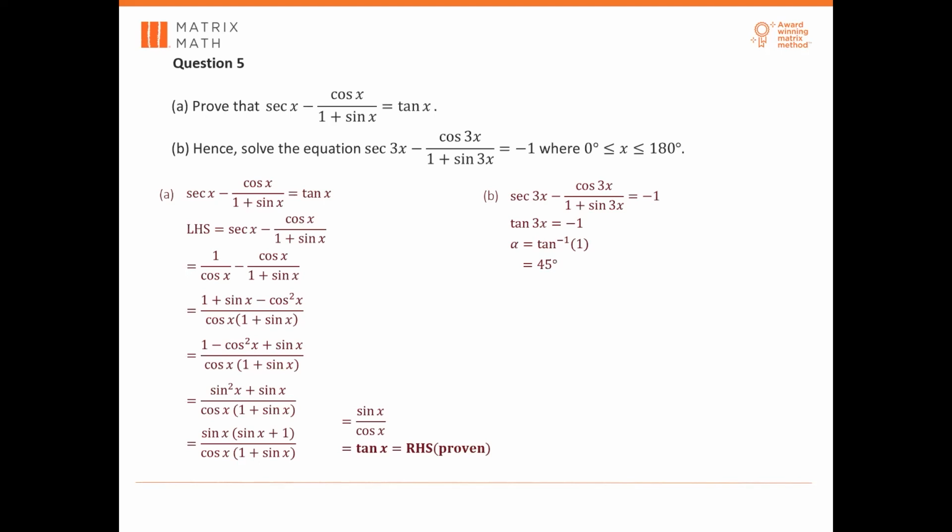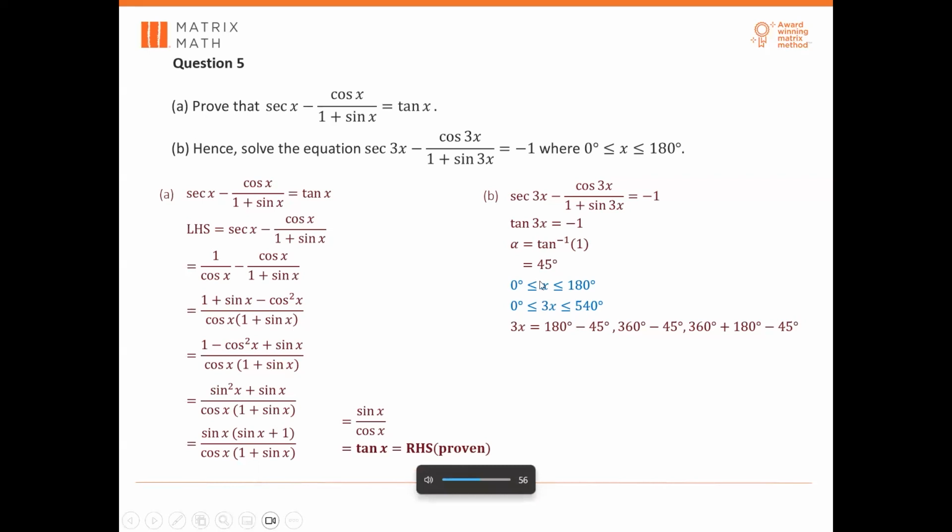Now, since we're dealing with 3x, your range talks for x only, right? So change the range to 3x. So it's 0 to 540. So which means 3x equals to 180 minus 45, 360 minus 45, and 360 plus 180 minus 45. Okay.